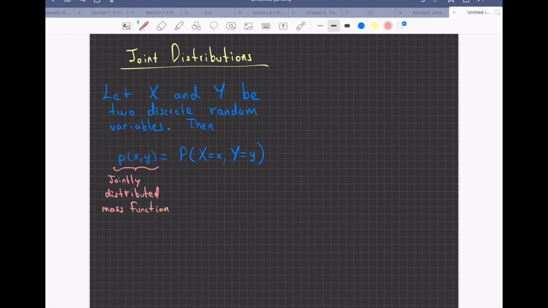This function satisfies that it is always greater or equal than 0. And the sum over all the x values and the sum over all the y values should be equal to 1.